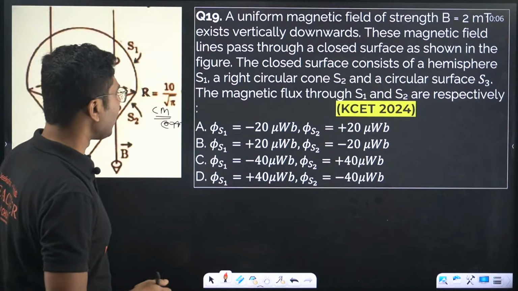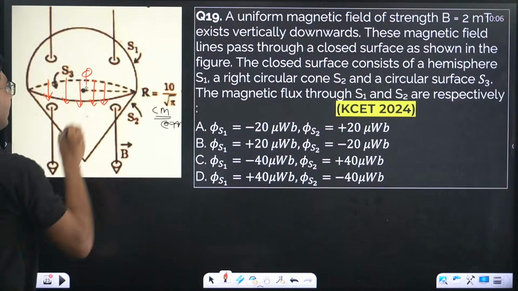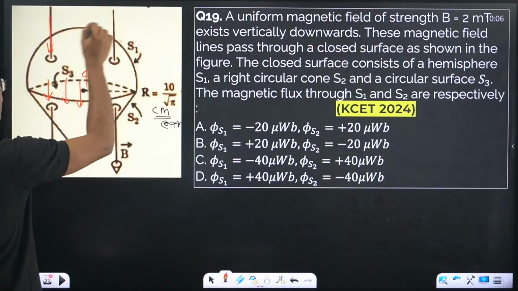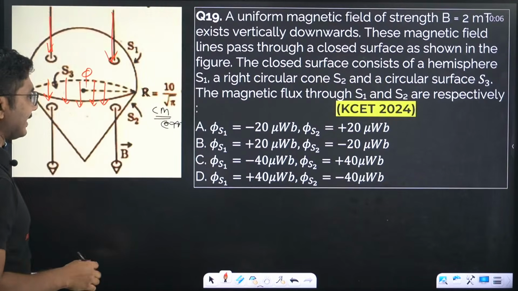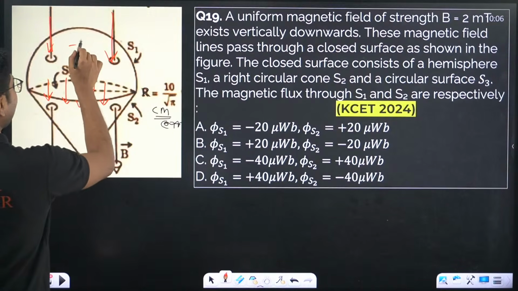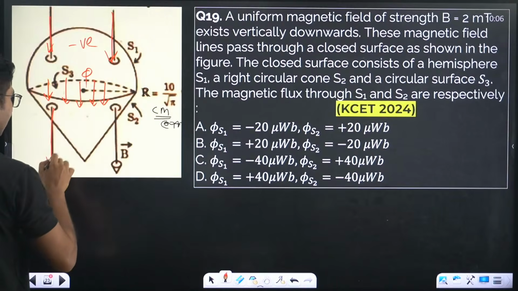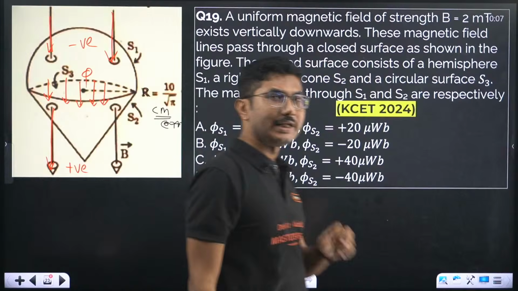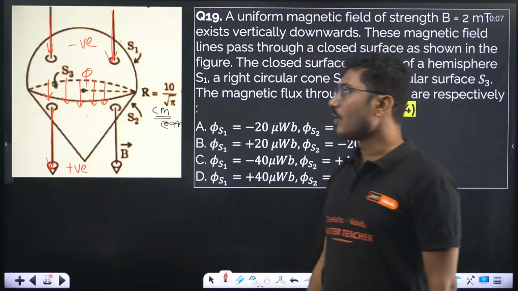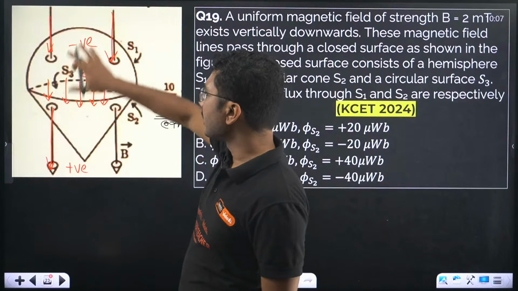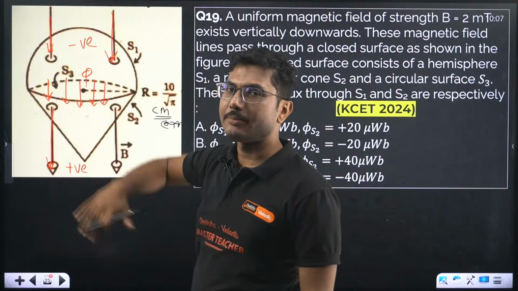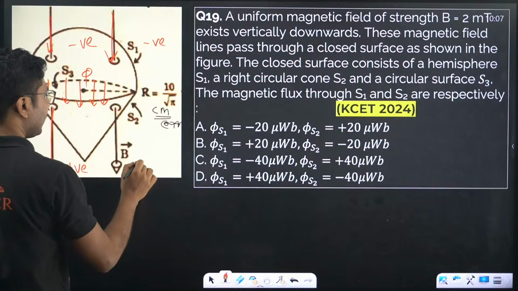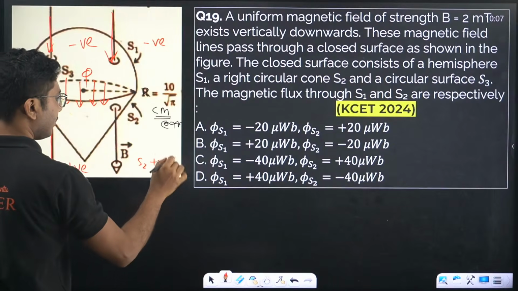So if you calculate the flux through this, this is incoming flux. Incoming flux is negative. Outgoing flux is always positive. Both of them should have the same value. So S1 is negative, S2 will be positive.